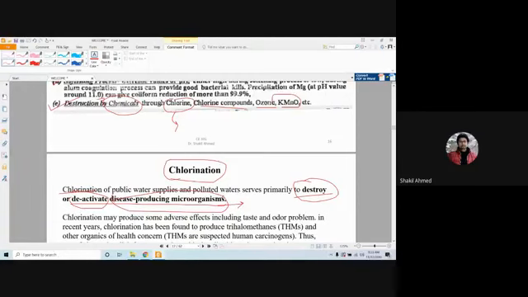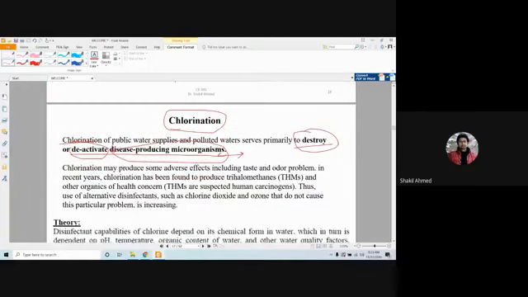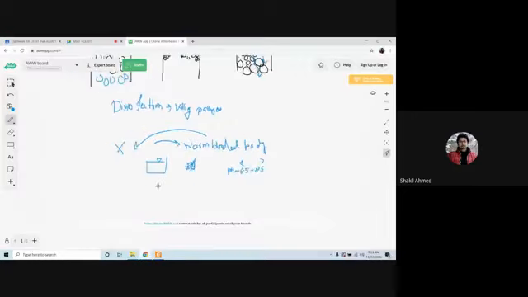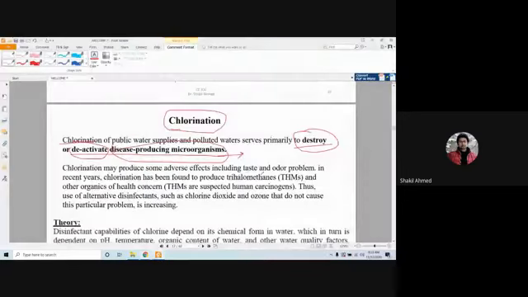But when you use chlorine, you need to be careful about one thing. When you use chlorine, that can produce trihalomethane in water, which is harmful for our health.